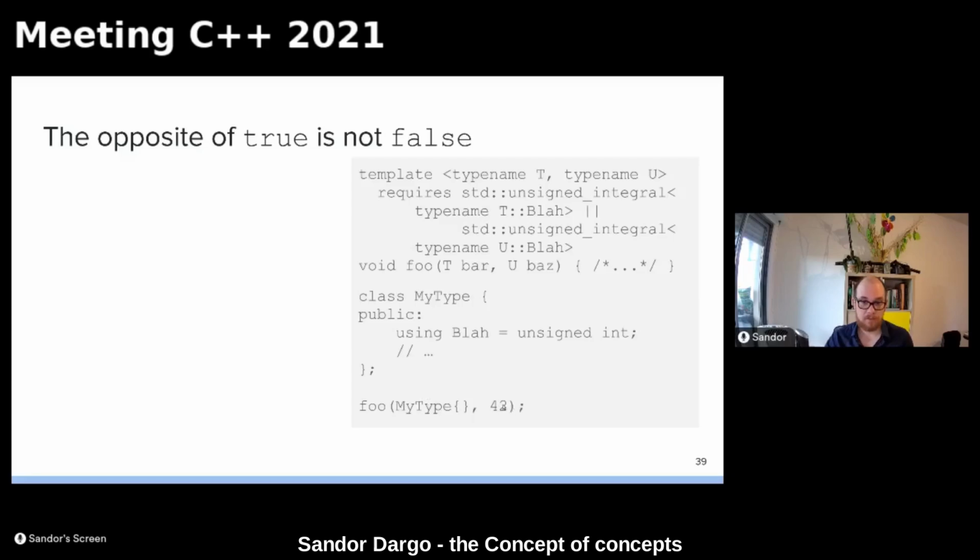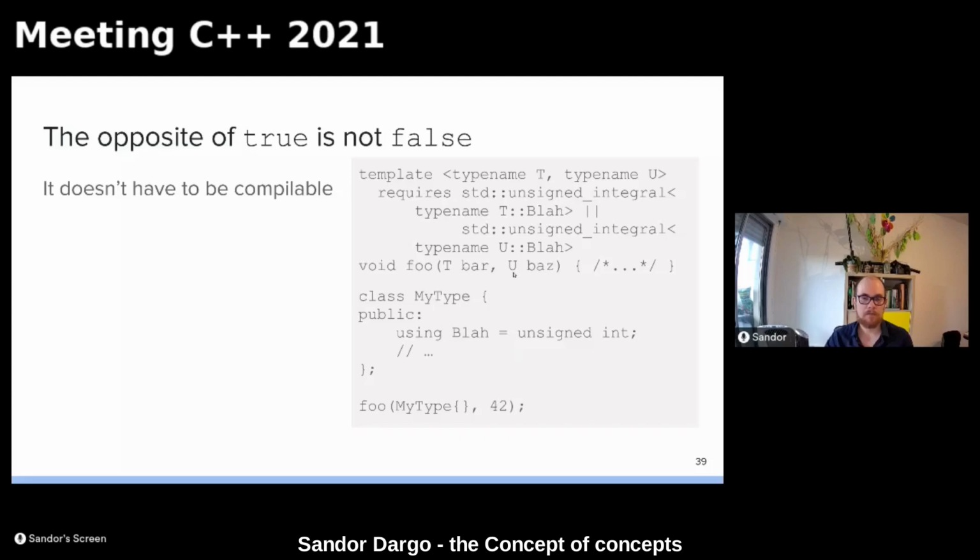And we also pass 42, a plain integer, to this compile. It compiles because whatever you put here in the requires clause doesn't have to be compilable. So when you pass in my type, it does have a blah, which is an unsigned integral.